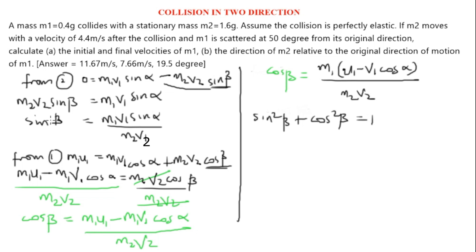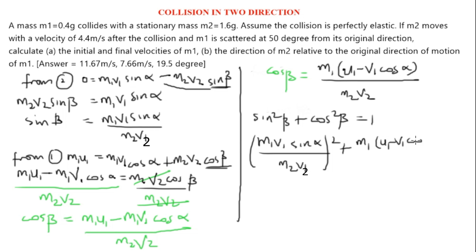So I can write this, insert it here, take this, insert it here. So sine squared beta is now m1 v1 sine alpha over m2 v2, plus cos squared, which is m1 times u1 minus v1 cos alpha all over m2 v2.